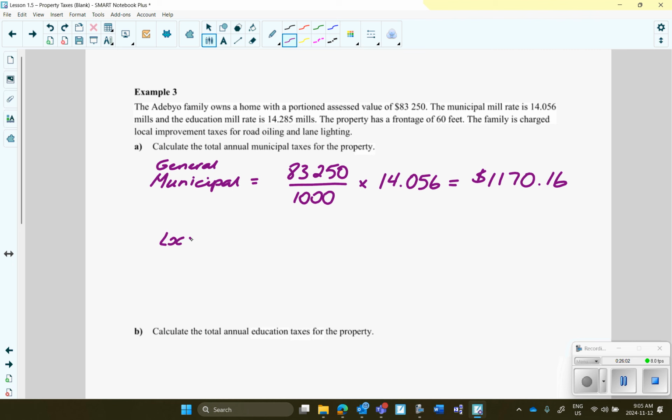Local improvement. That's where we're going to use that table. We've got road oiling, which is how much? $8, times its footage, or its frontage. So 60 times 8 plus 60 times lane lighting.